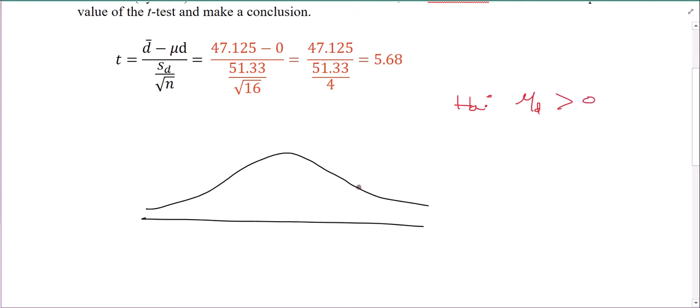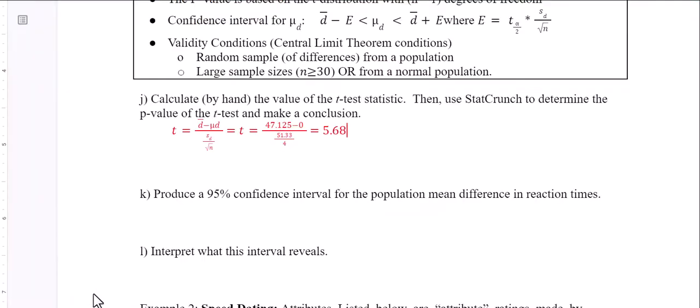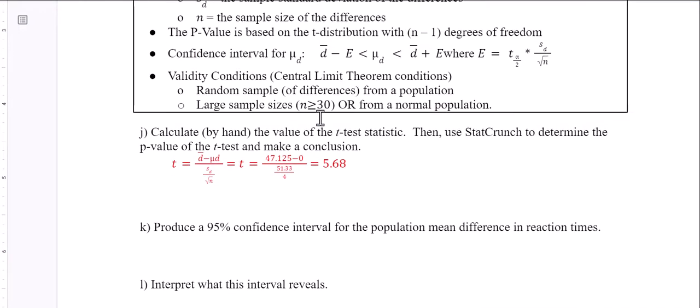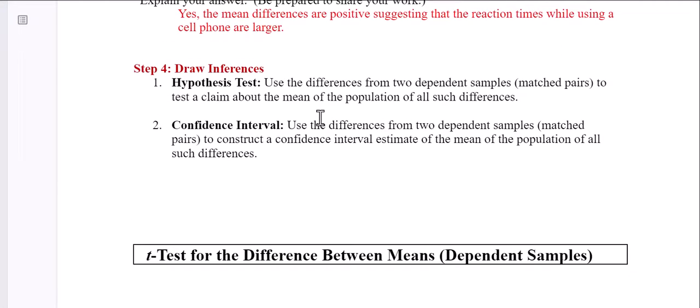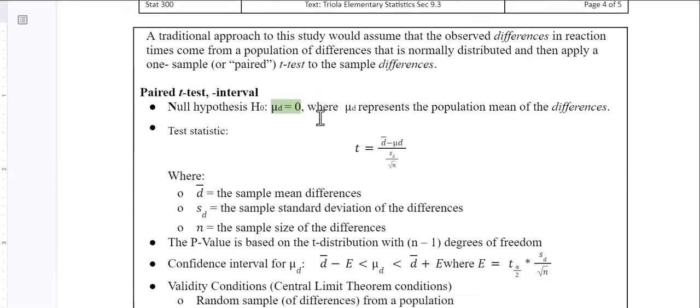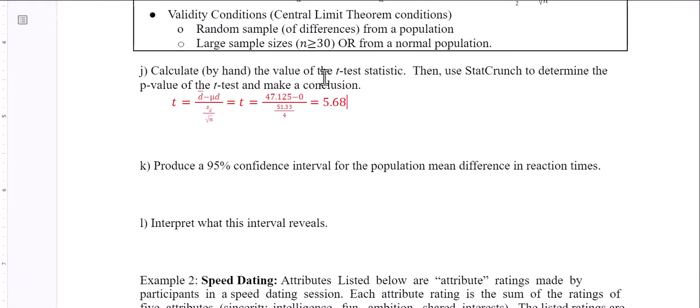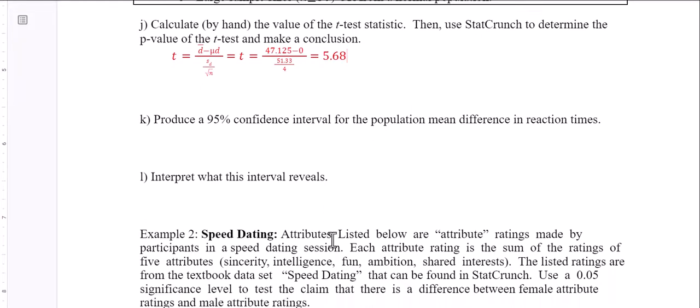And what was our level of significance? Determine p-value to make a conclusion. I should have said at some point, probably the 0.05 level of significance, if I didn't say that. This says 95% confidence level, so let's use a 0.05 level of significance to find our p-value.